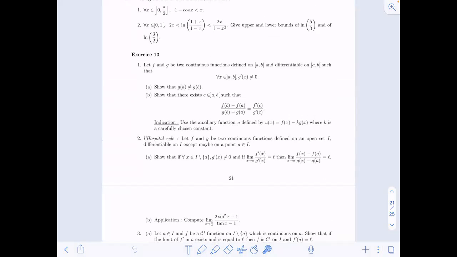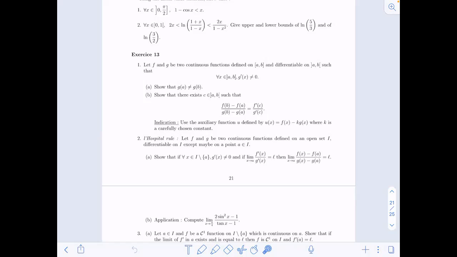I think those of you who were here last year probably saw this in the second semester as well, because it's quite a useful rule to compute derivatives and prove some results. And we're going to prove it in this exercise using the results that we have from this semester.